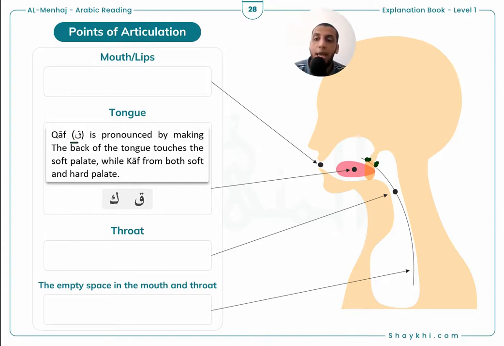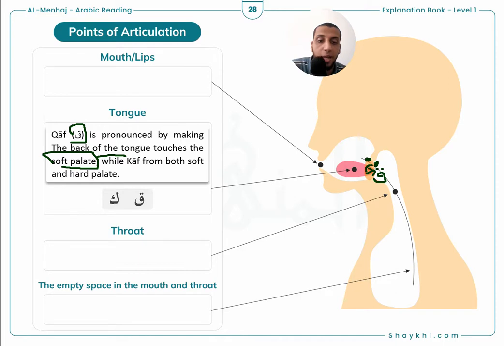So letter qaf is pronounced by making the back of the tongue touch the soft palate. This back of the tongue will touch here the soft palate. This is letter qaf. And letter kaf makes the back of the tongue touch both the soft and hard palate.